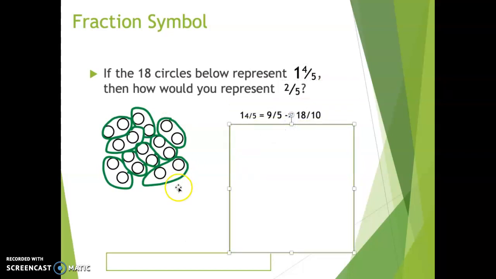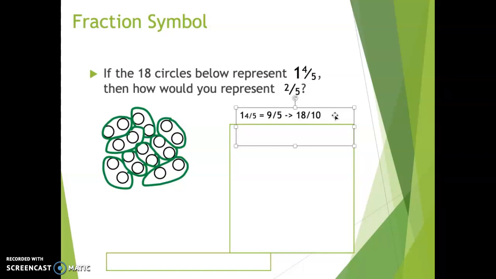So my first thought was, if 1 4/5 can be made into a fraction of 9/5, and that equals 18/10, because that's how many circles I counted, right? So for me, the thought process here was, if I counted out each of the circles, 18, right? Didn't need to count because my question said so. 18 circles, right?